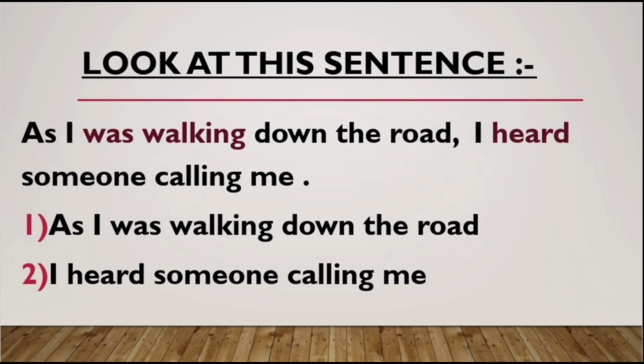So therefore, in a complex sentence, what you have is a principal clause and a dependent or subordinate clause, and that subordinate clause is joined by a subordinating conjunction. So the first clause, dependent upon the second clause to convey the meaning, is called a subordinate clause. So the sentence in itself is a complex sentence.